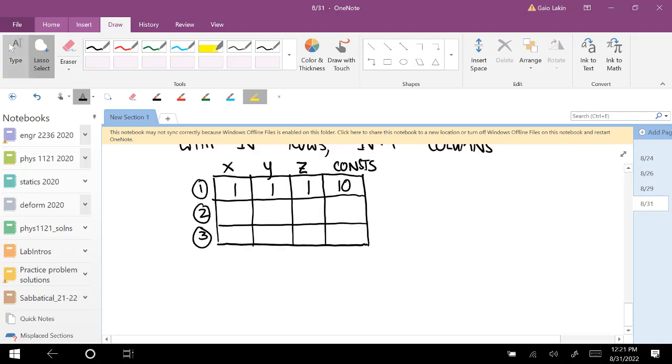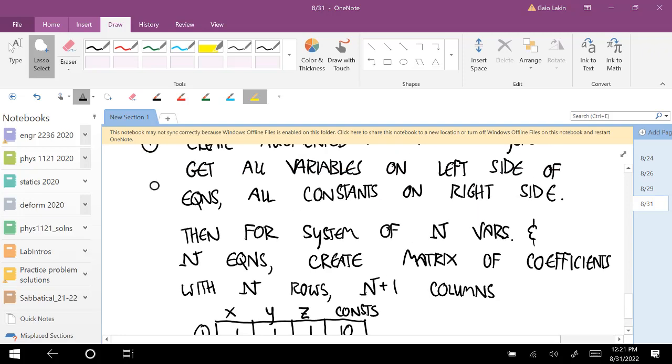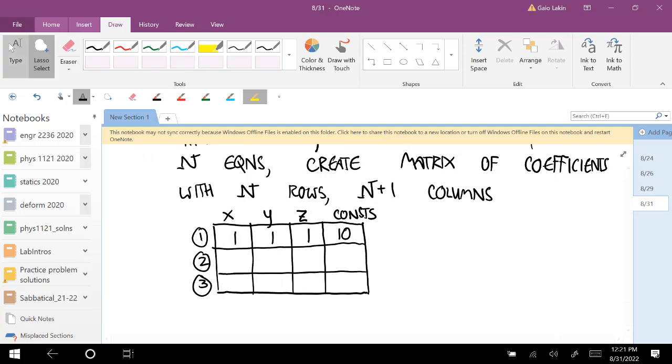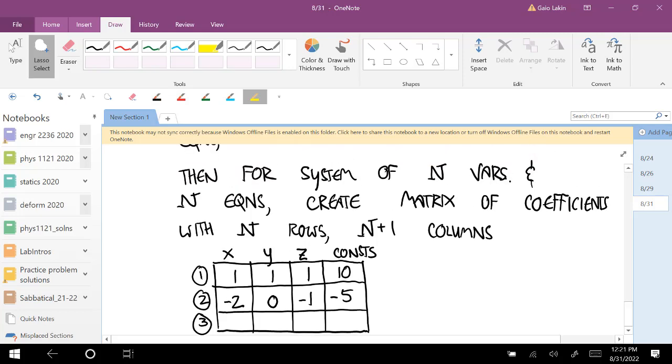And now we'll go to the second equation. The coefficient of x is -2. The coefficient of y is 0. Coefficient of z is -1. And the constant is 5. So fill this out as -2, 0, -1, 5.